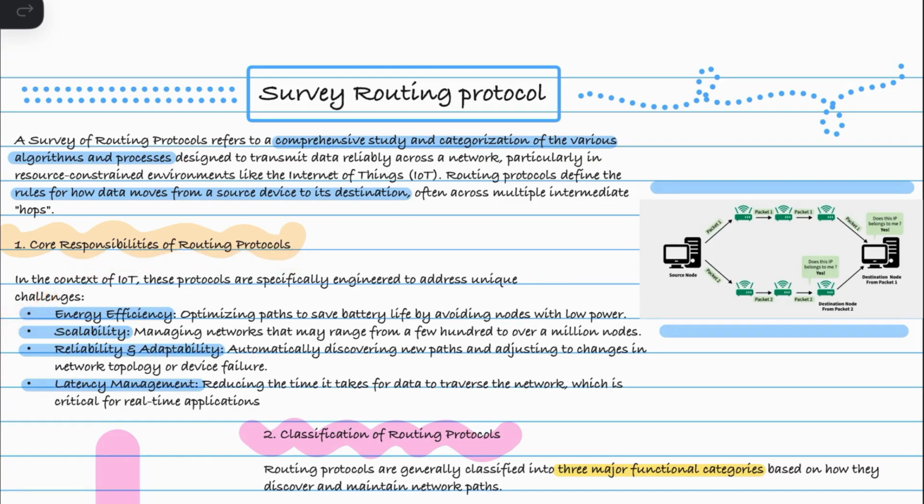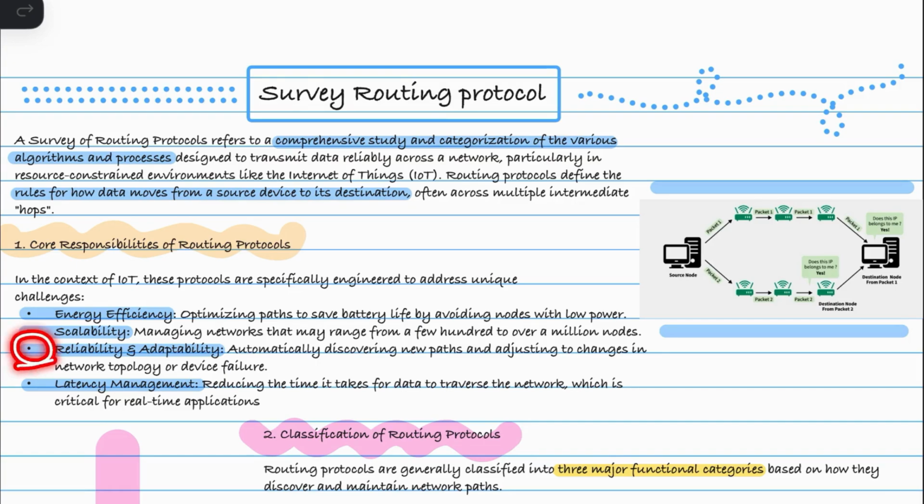First is energy efficiency. It must find paths that avoid nodes that are critically low on battery so that they don't die in mid-transmission. Then comes scalability. It must gracefully handle anywhere from a few smart home gadgets to over 1 million sensors scattered across an entire smart city grid.